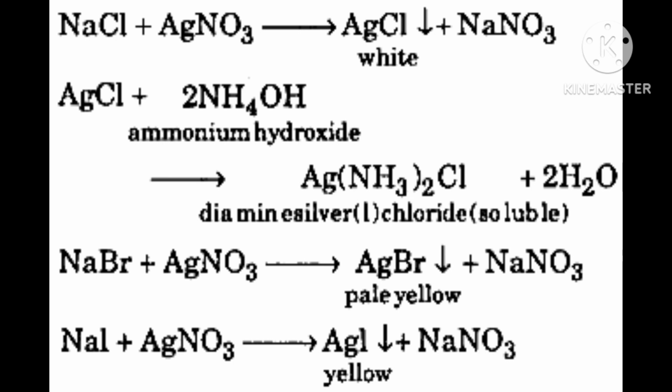Now, suppose nitrogen or sulfur is also present in the compound along with halogen. All three, nitrogen, sulfur and halide, are present. Then how will you do the test?